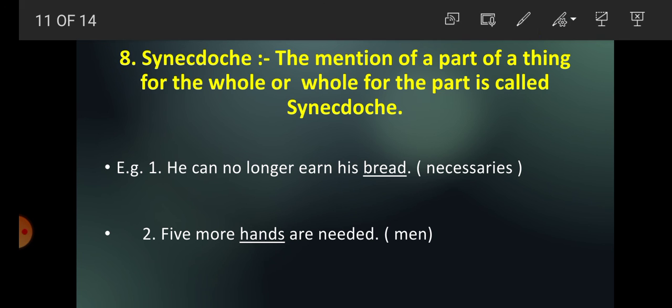Now number 8, students, synecdoche. So what is synecdoche? The mention of a part of a thing for the whole and whole for the part. When in a poem or in prose, the mention of a part of a thing for the whole and whole for a part is called synecdoche.